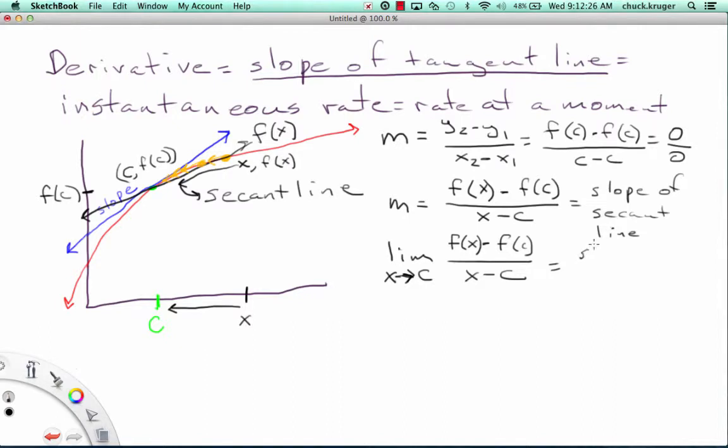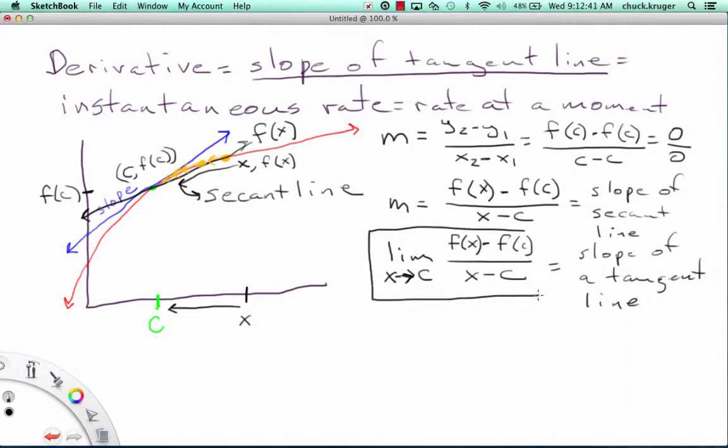And that limit is going to be the slope of a tangent line. So this right here is one of my definitions of the slope of a tangent line.